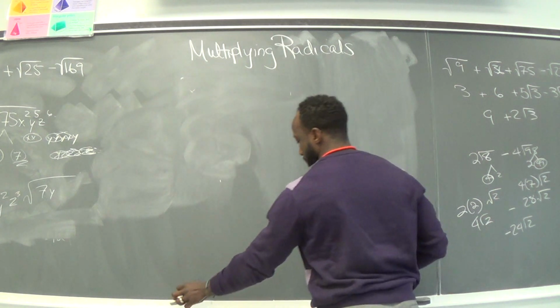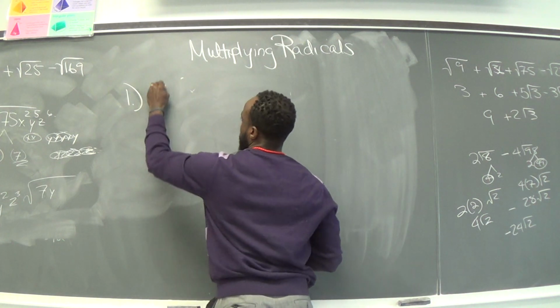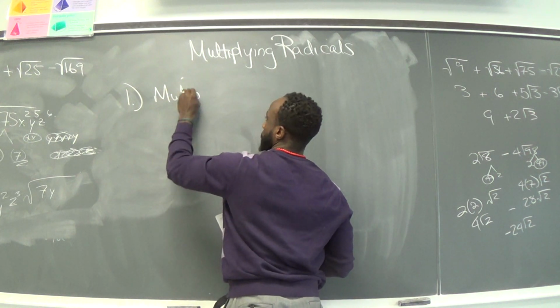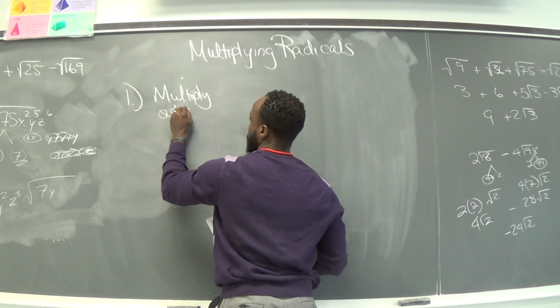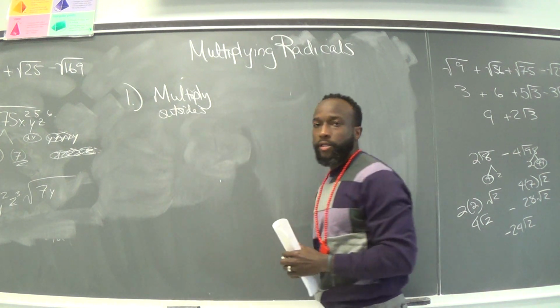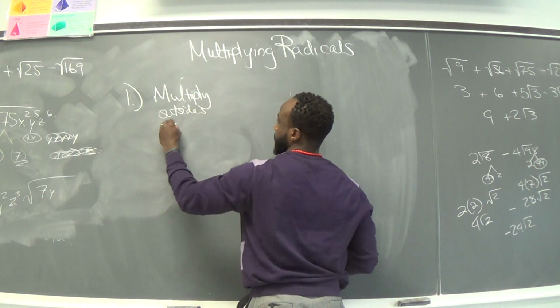How to multiply radicals. The first thing you want to do is multiply the outside numbers and keep them outside.